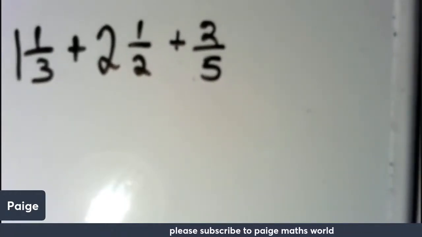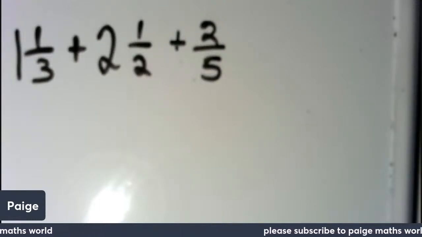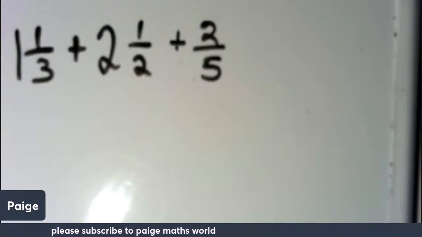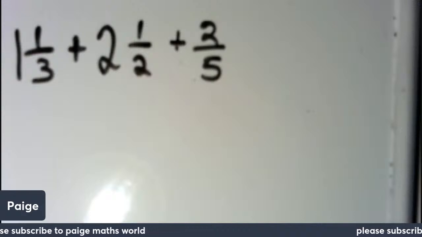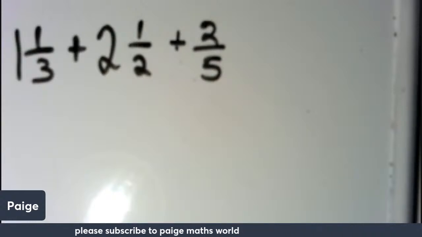So we're pushing it a bit. So 1 and 1/3 plus 2 and 1/2 plus 2 over 5. What is the answer? So Moffat, please don't do it in your head. Write it on a piece of paper. And Imperial, please don't tell me 42 again. Thank you.